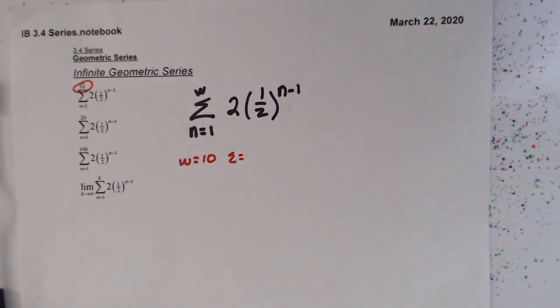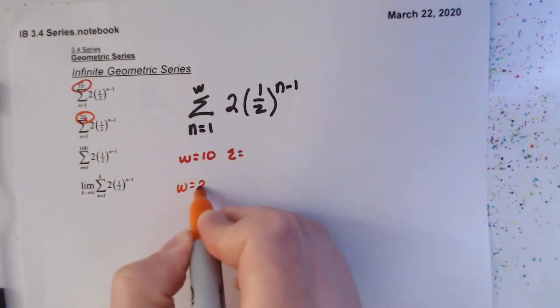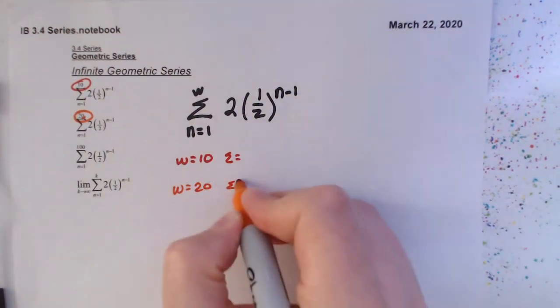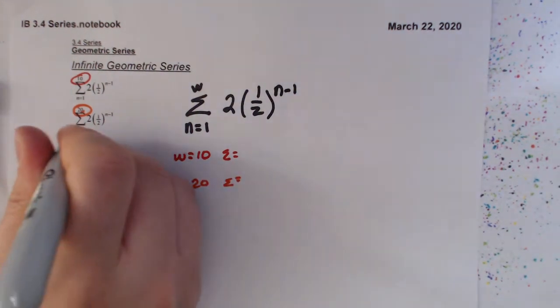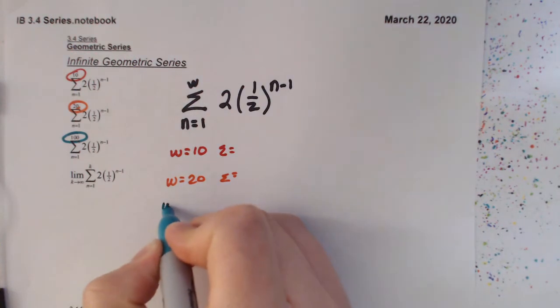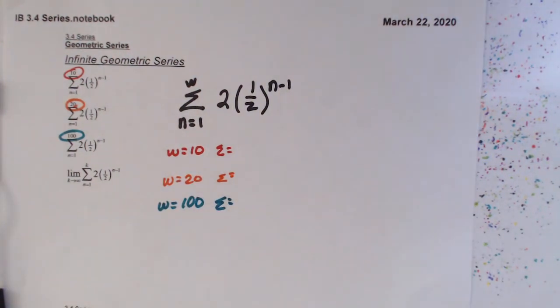When W is 20, our summation is going to be something. When it's 100, it's going to be something. Basically, we're making it bigger and bigger and bigger so that we can see what's happening if it goes to infinity.